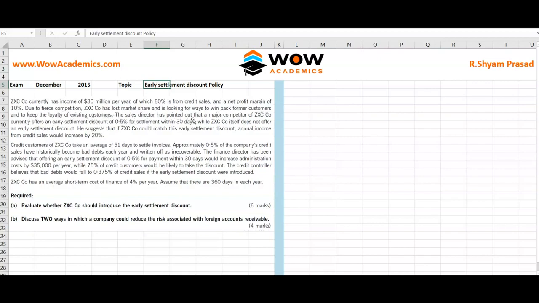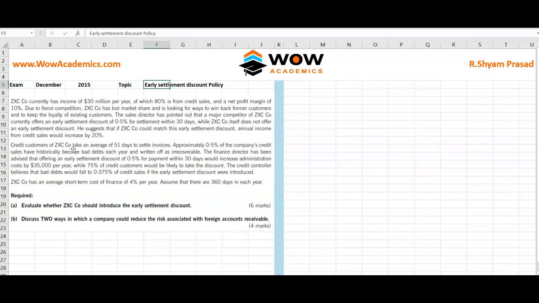The sales director has pointed out that a major competitor of ZCO currently offers an early settlement discount of 0.5% for settlement within 30 days, while ZCO itself does not offer any early settlement discount. He suggests that if ZCO could match this early settlement discount, annual income from credit sales would increase by 20%.